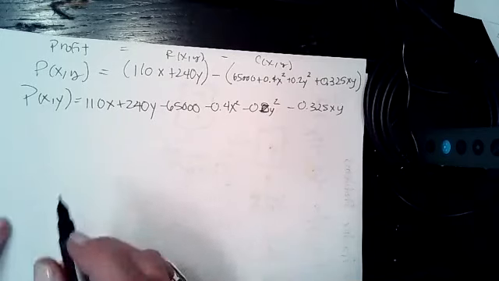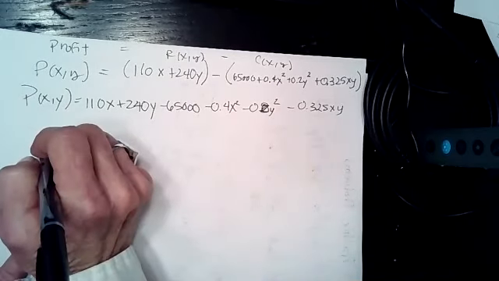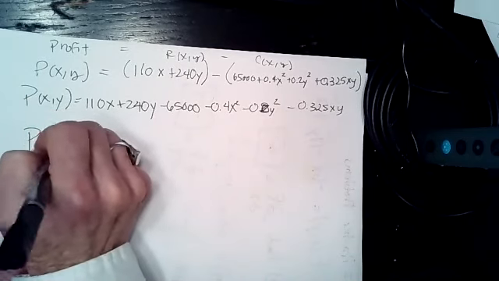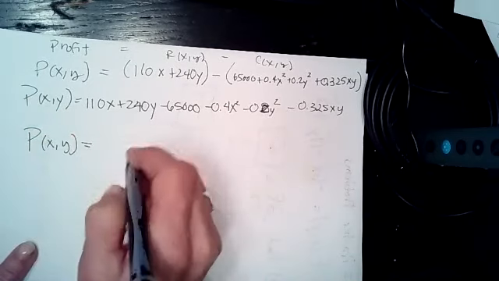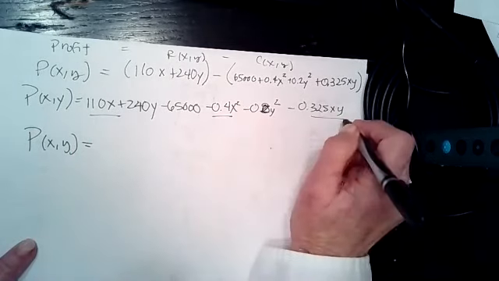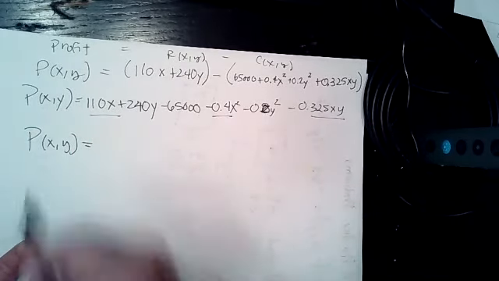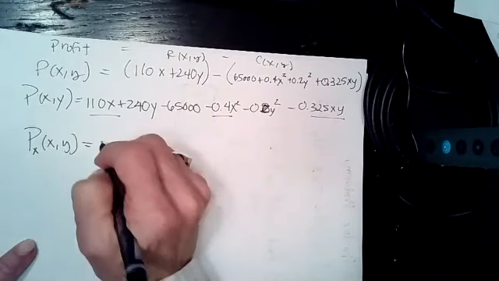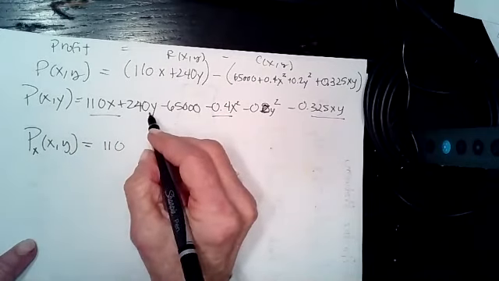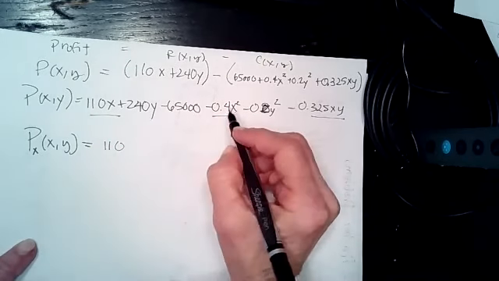So they want to know the derivative of profit with respect to x. There's an x, there's an x, and there's an x. So the derivative of the profit with respect to x is what? 110, that's 0. Derivative of a y term is 0. Derivative of a constant term is 0.